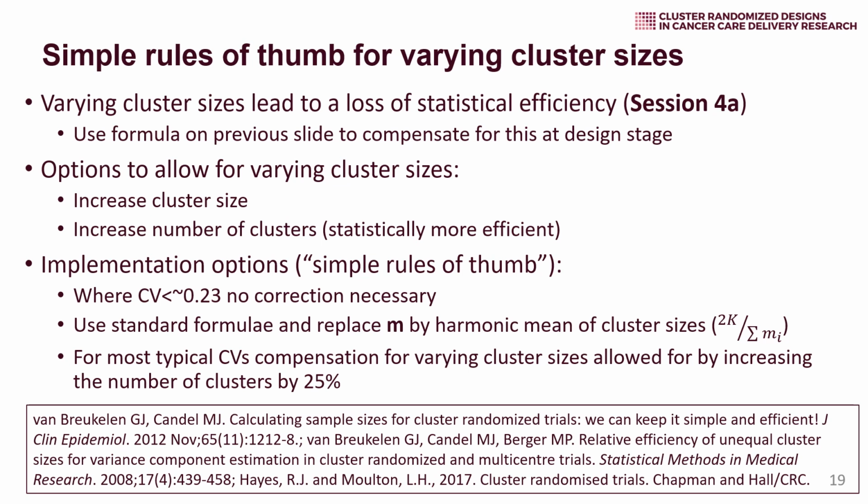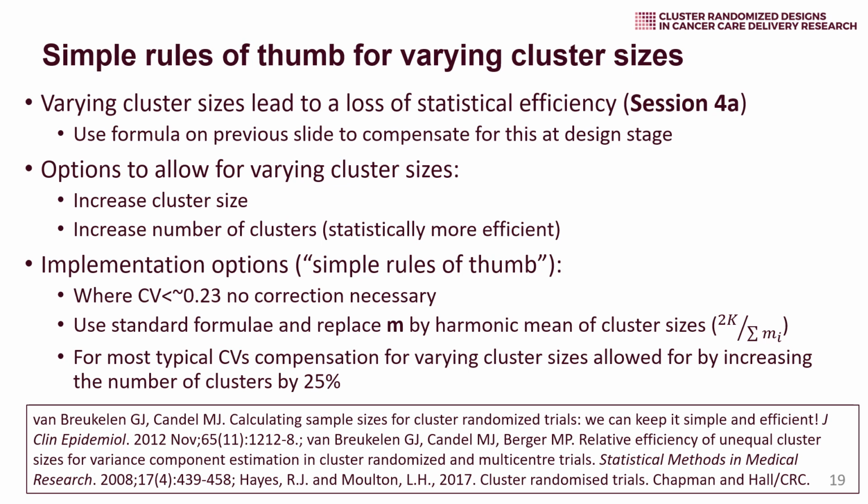Now, there are some simple rules of thumb that might help us accommodate varying cluster sizes. First thing to note is that varying cluster sizes leads to a loss in statistical efficiency. We've noted this in earlier sessions. So one option to allow for this loss in statistical efficiency is to increase the cluster sizes. But it turns out that it's more efficient to increase the number of clusters.